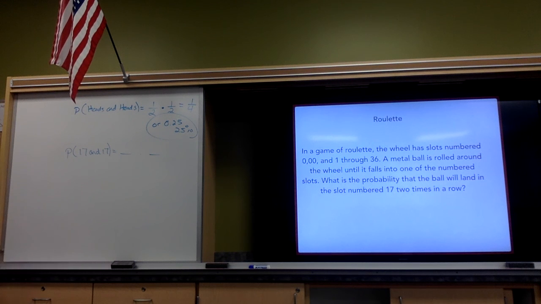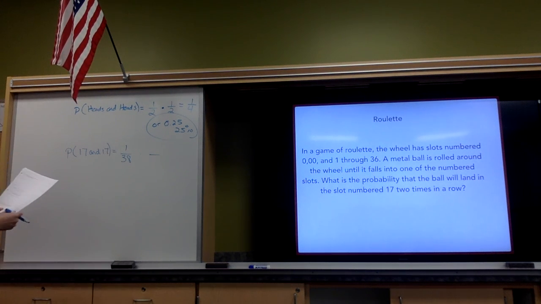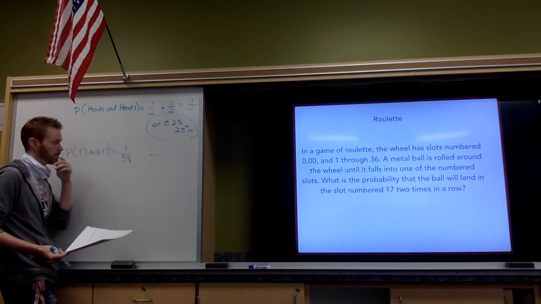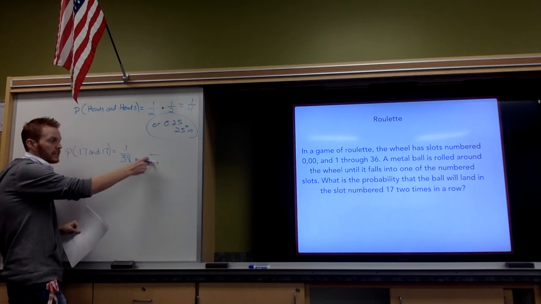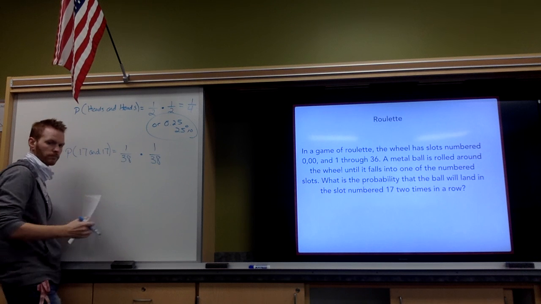Okay? So what are the odds of you getting 17 the first time? Well, it's going to be 1 out of 38. Still, same as probability, right? There's one number out of 38. That is 17. And then what are the odds of you getting that the next time? 1 out of 38. Okay?